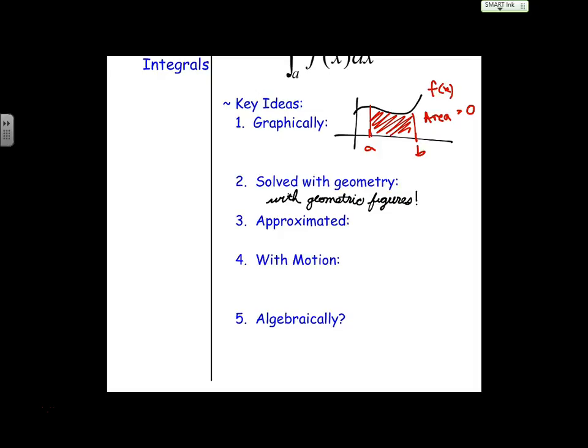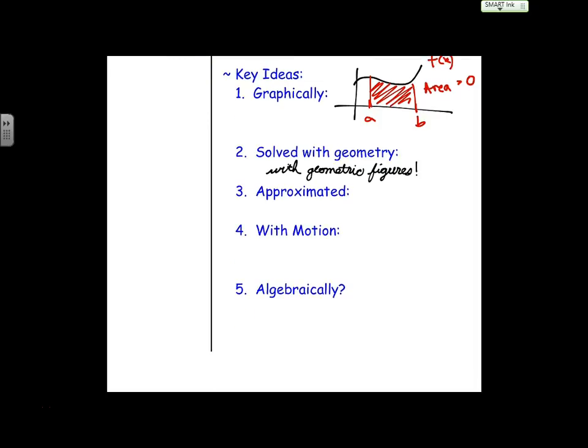With geometric figures, meaning known geometric figures, meaning triangles, rectangles, trapezoids, circles, semicircles, quarter circles, etc. Approximated. What are the ways that we saw in section 4.3 for approximated?